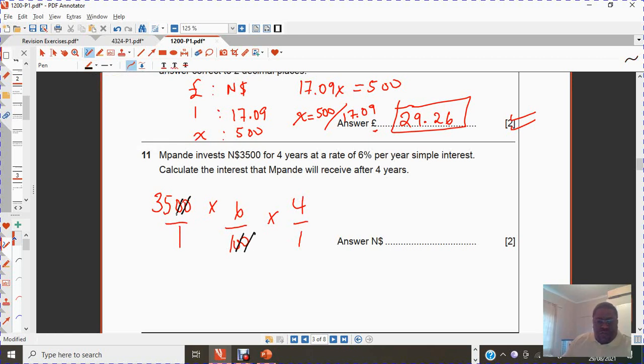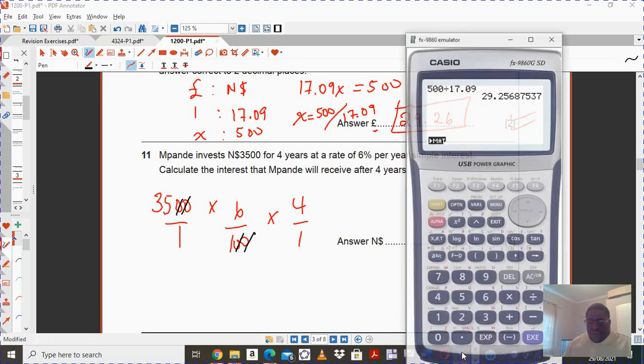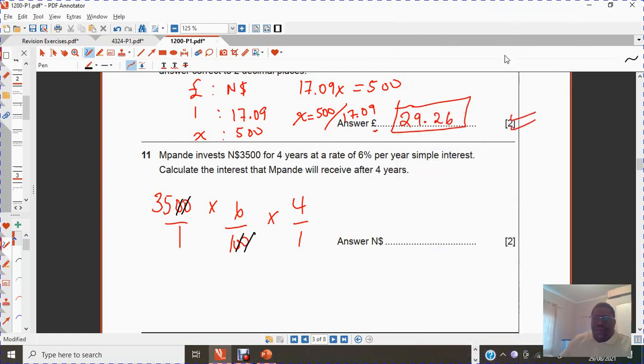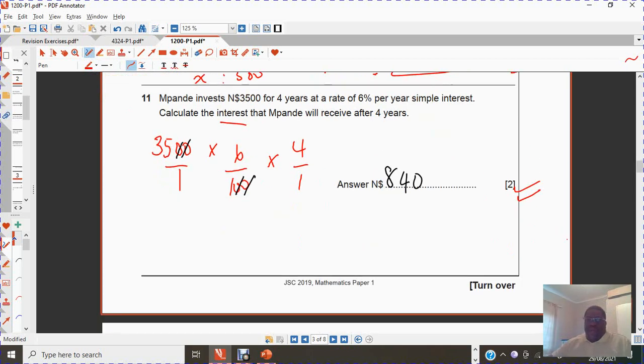You can cancel those zeros and grab your calculator, or you simply say 35 times 6 times 4, which is 840. So 840, that should be our answer. Let's just correct that nicely. So this is 840 dollars, and that is the interest. If it was asking for the amount, then I would be adding that.